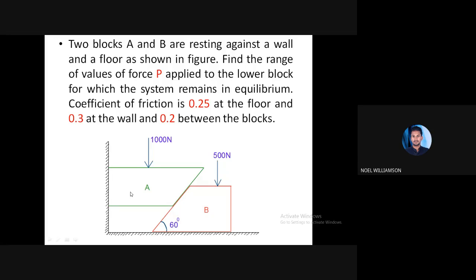Also this figure: this is the vertical wall, this is the horizontal floor, and the two blocks A and B. Weight of A is 1000 Newton and B is 500 Newton, and the angle is given as 60 degree.